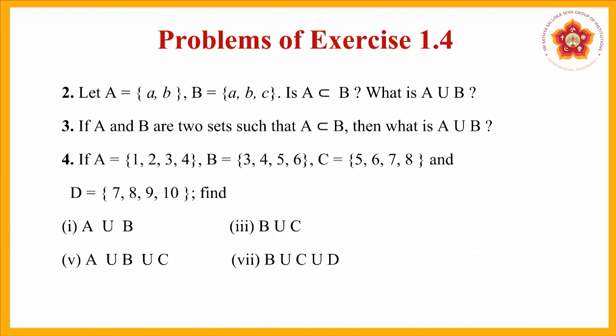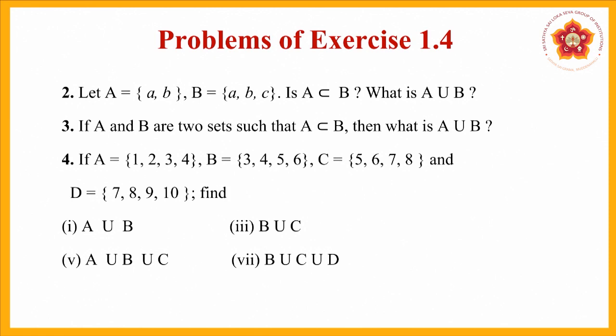C contains the elements 5, 6, 7, 8. And D contains 7, 8, 9, 10. And then he has given a few questions which we have to do. Let us begin with the first one.